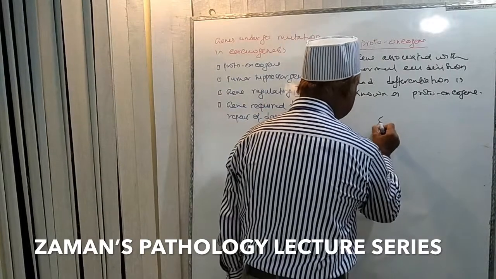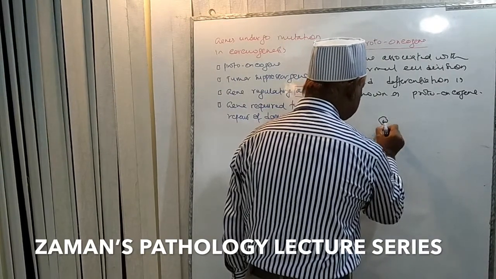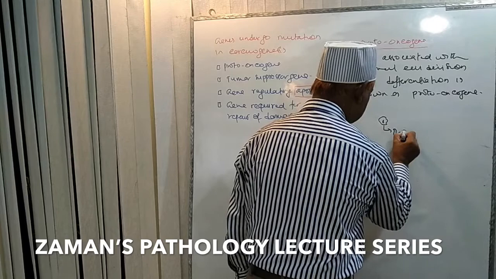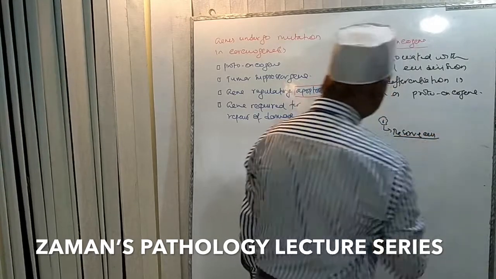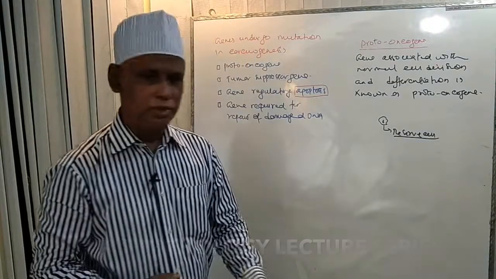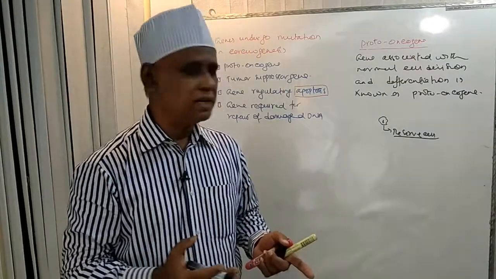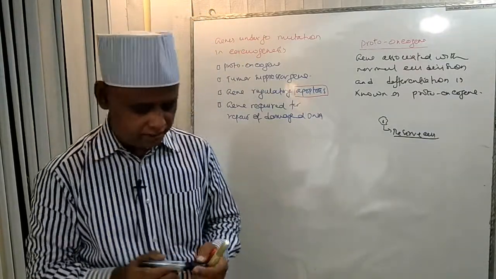Suppose this is reserved cell in an organ or in tissue. The reserved cell is undifferentiated cell.